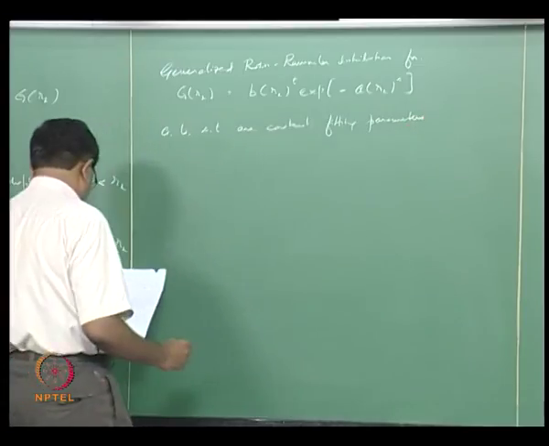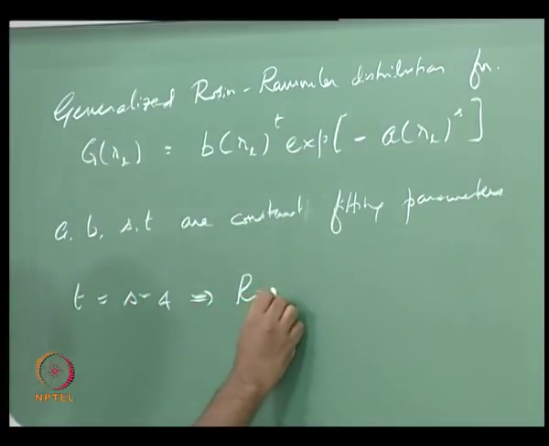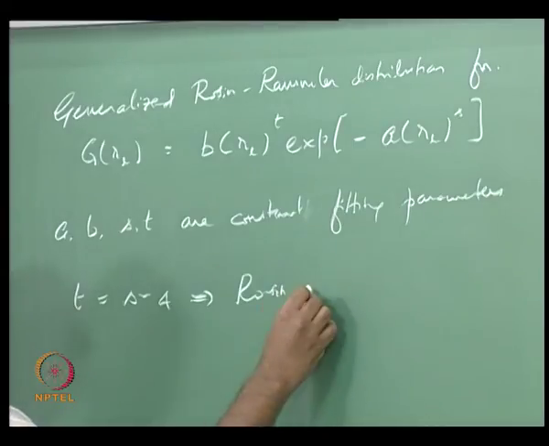Right. Now there are special cases. So T equals S minus 4 is the Rosin-Rammler distribution, that is the original Rosin-Rammler.